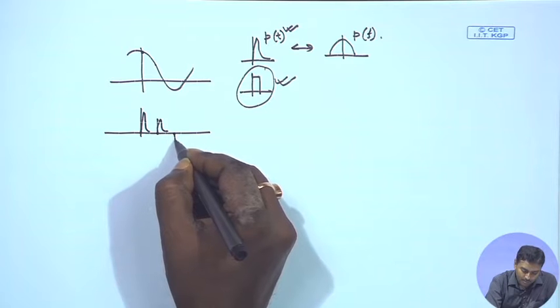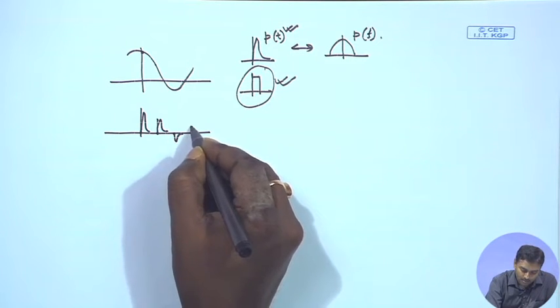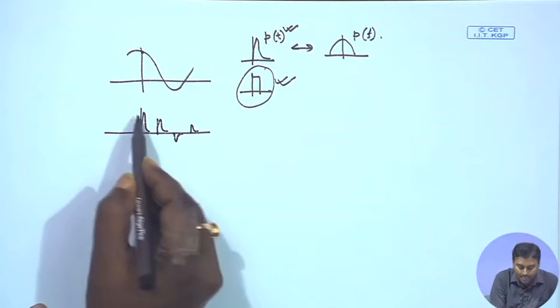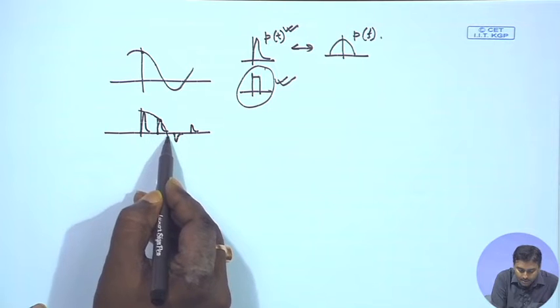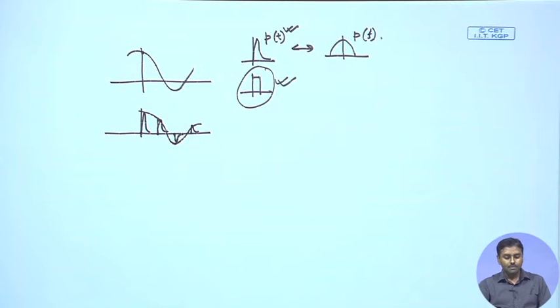So, this will become something like this, here it will become something like this and so on. Okay. So, again the tips of the pulses basically construct your signal. Okay. So, this is what we are trying to do.